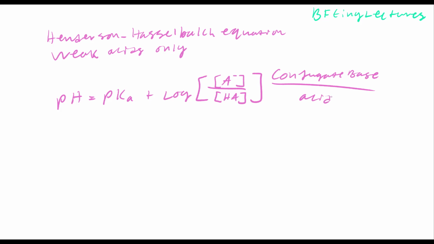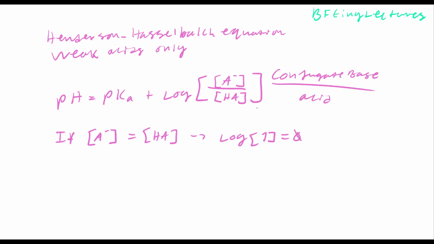Now, sometimes if the conjugate base is equal to the acid, then the ratio is going to be 1, right? So the log of 1 is equal to 0, okay?